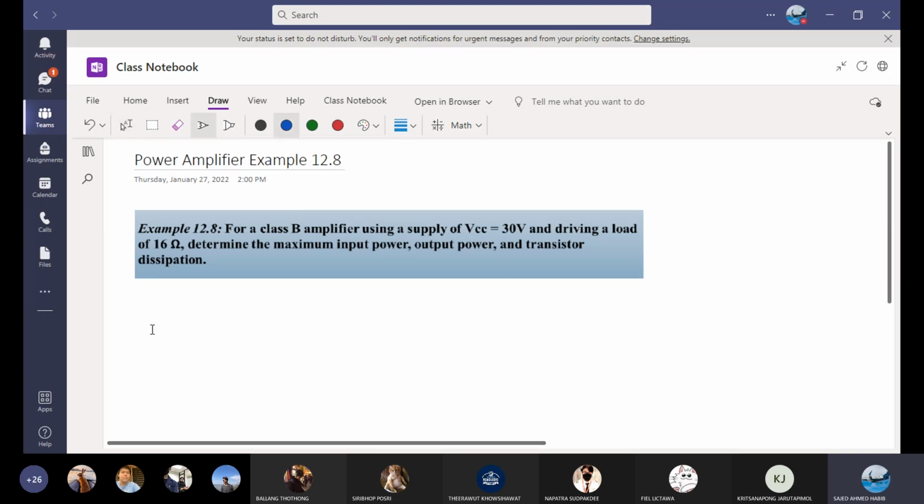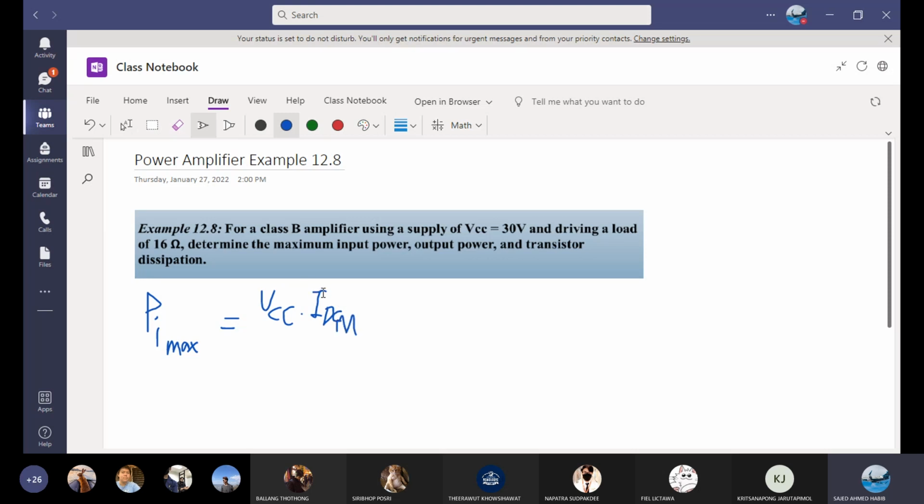Maximum input power, so Pi max equals what? What is the general equation of input power? VCC times IDC, so IDC max. Now we have to write IDC max.